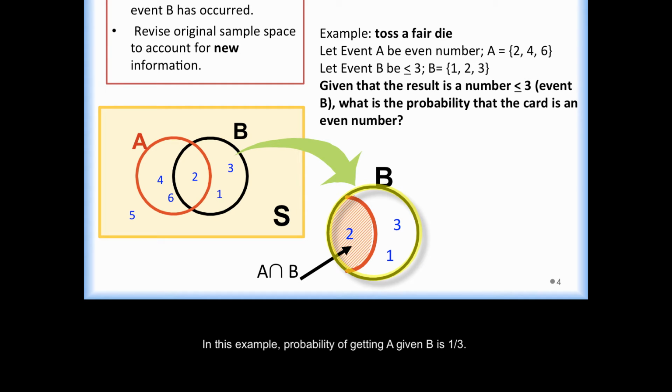In this example, the probability of getting A given B is 1/3.